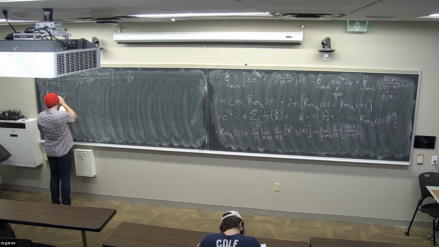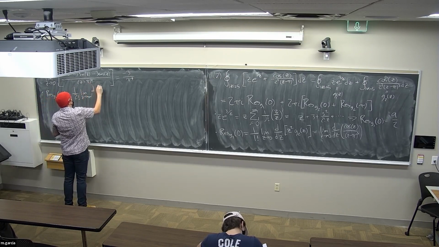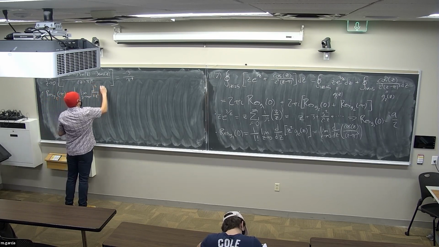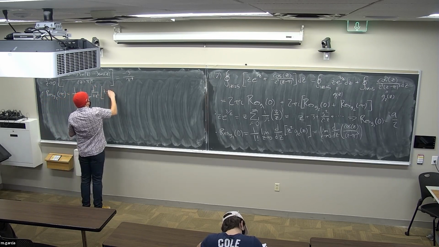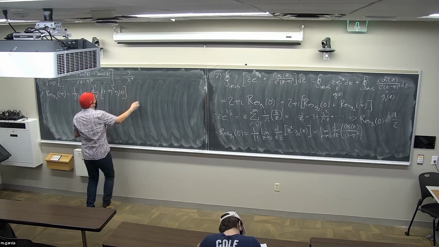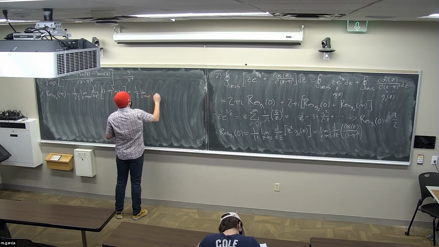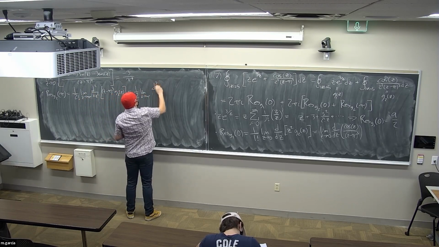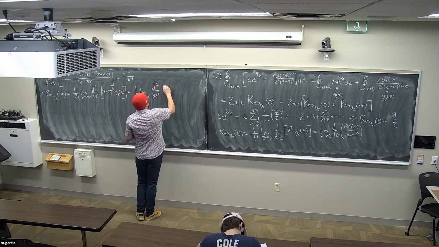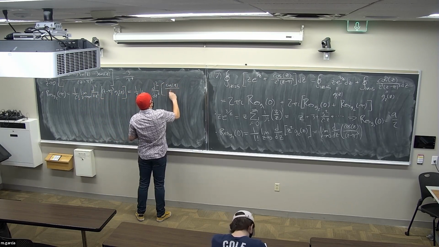So, what do we get? 1 over 2 factorial, limit as z approaches pi of the second derivative of z minus pi cubed g2 of z, equals 1/2 limit as z approaches pi of the second derivative of cosine z divided by z squared.